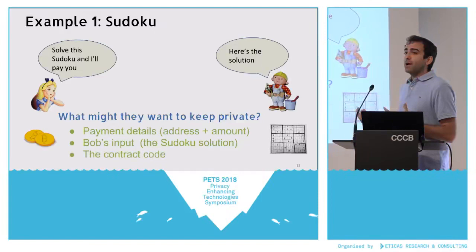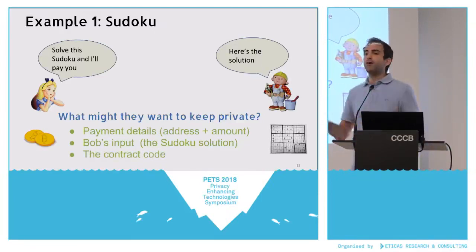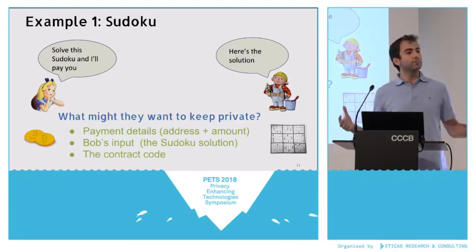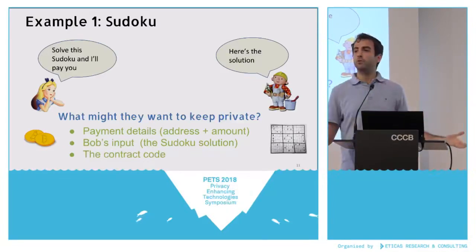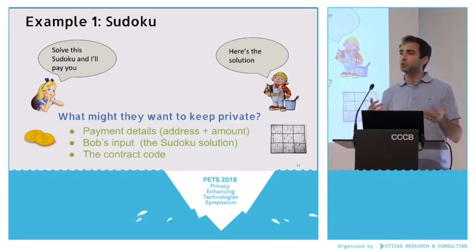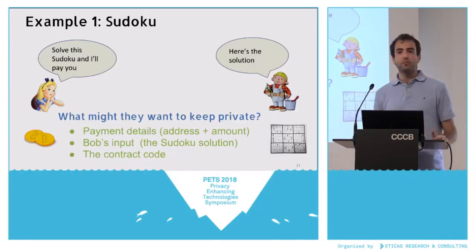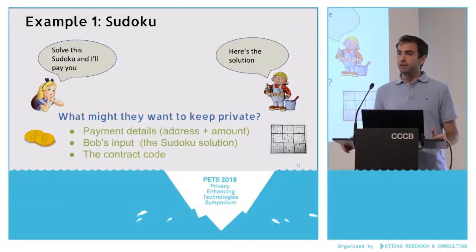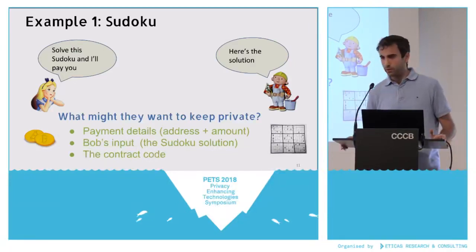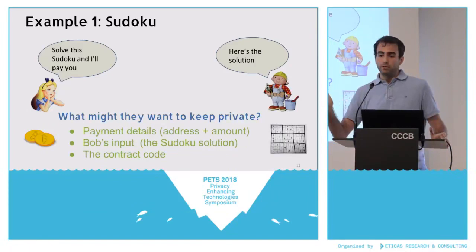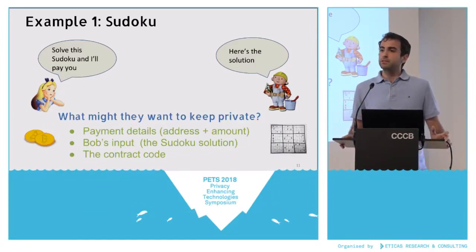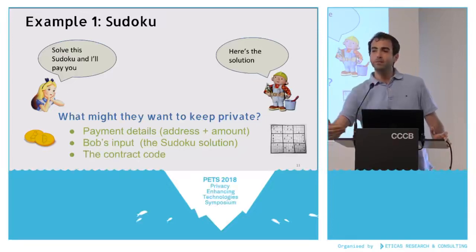The other thing you might want to hide is the contract's code. So even if we hide Bob's input, anyone can look at the blockchain potentially and say, hey, there's a Sudoku game going on here. I know exactly what Alice and Bob are doing. For Sudoku, this doesn't really seem like a major problem, but think about if they're doing a transaction in a regime where they're nervous about being censored and they're trying to get by some restrictive laws, and there actually is sensitivity not only in their inputs, but in what their relationship actually is.